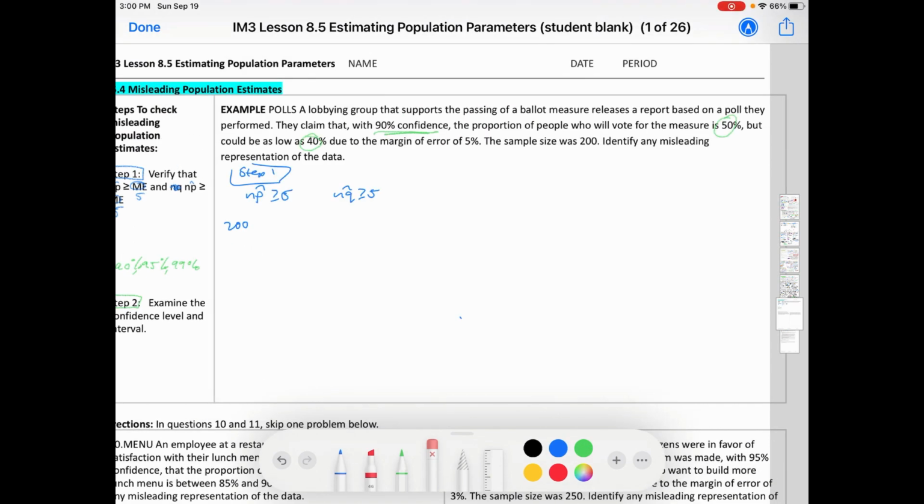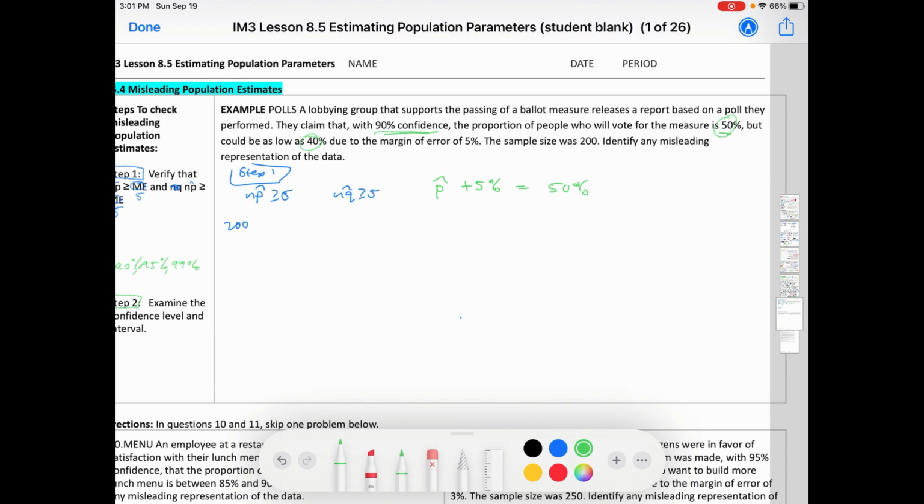All right, this is how I got p hat. P hat, if you add 5% to p hat, and you get, say, 50%, right?